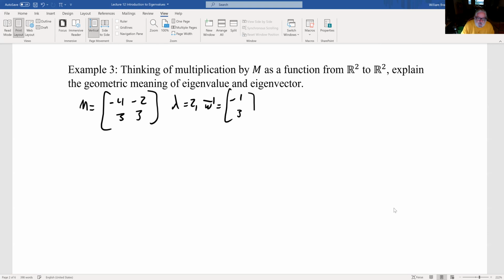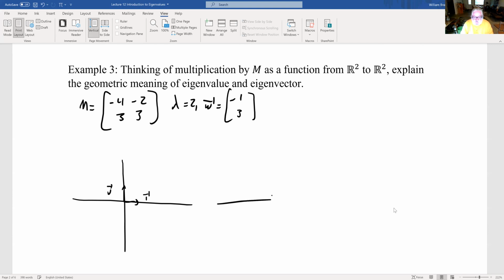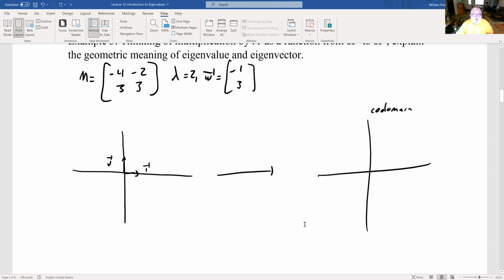geometrically? So we have our plane, usually with the I and J coordinates, which actually aren't important here, but we usually put them in anyway. And that gets mapped over to my codomain. And MI and MJ get mapped wherever they go. So W is 1, and then down 3.